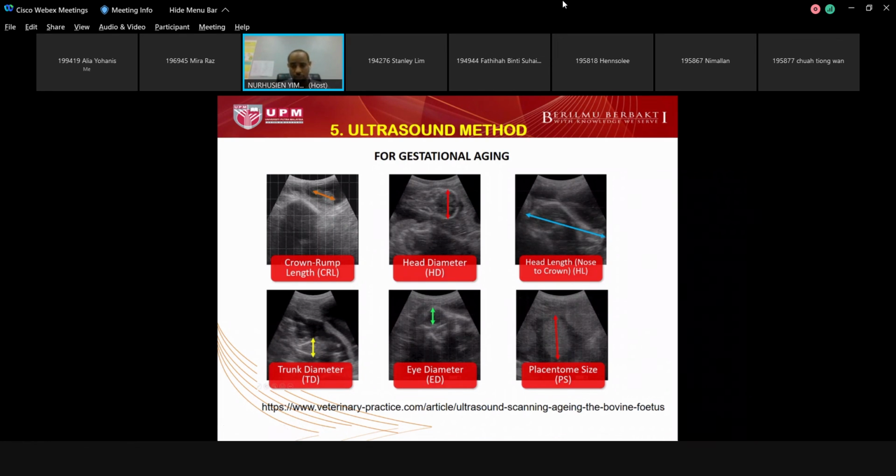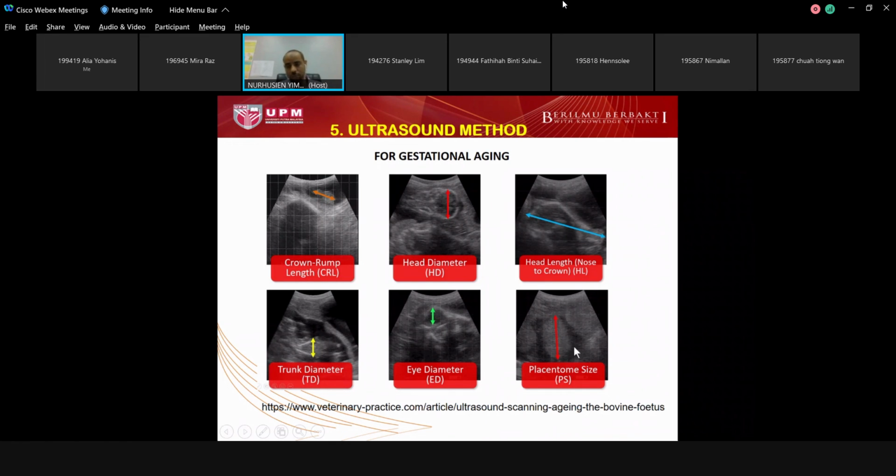And we have the length of the head also, measured from the tip of the nose up until the pole on the head. And we have a trunk diameter at the body part. You can just measure the trunk. The orbit of the eye can also be visualized by ultrasound scanning, and you can measure the diameter of the eye.